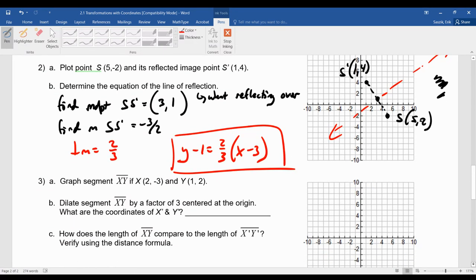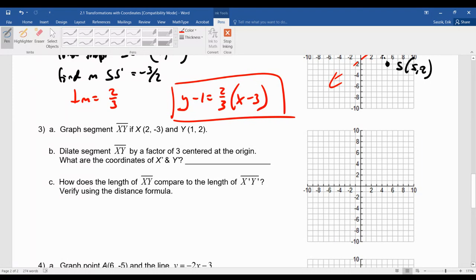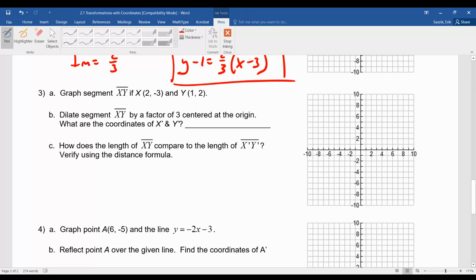Okay, I don't know if I'm going to do this whole thing. You're asked to graph a segment. You can graph a segment. That should be simple using points. And then it says dilate it. So just multiply the points by 3. So you'd get an x prime of (3, 6).